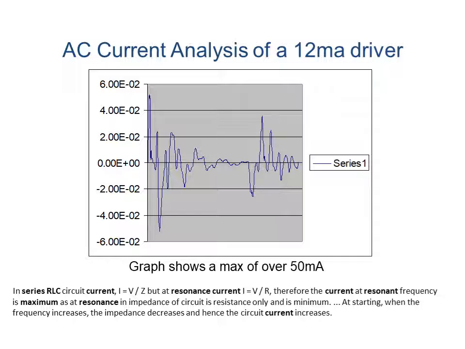Also, in any series RLC circuit, the current I equals V divided by impedance, but at resonance the current I equals V divided by R. Therefore, the current at the resonance frequency is maximum, as at resonance the impedance of the circuit is resistance only and is minimal. So, at the start, when the frequency increases, the impedance decreases and the circuit current increases.